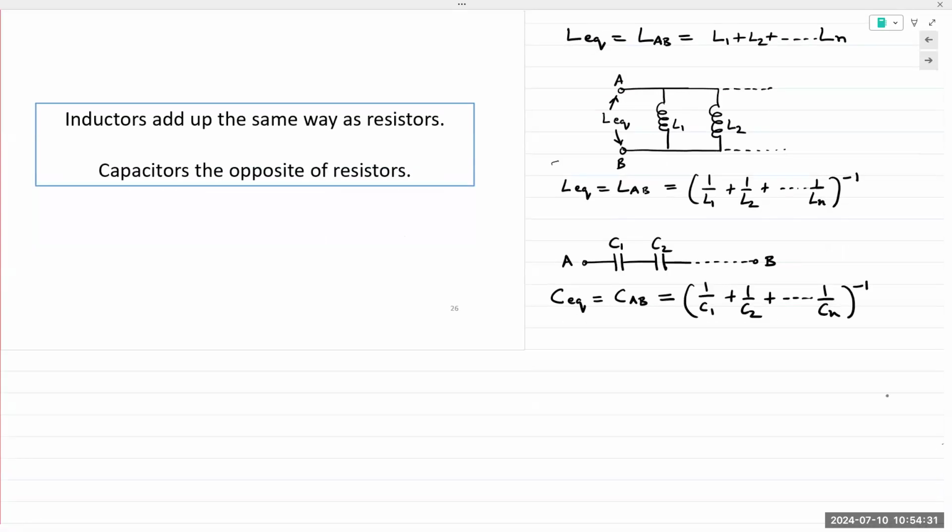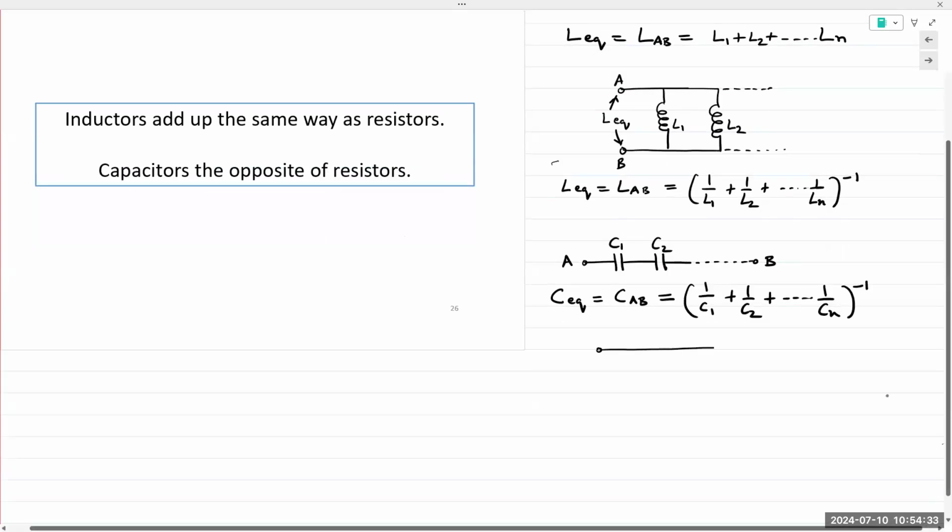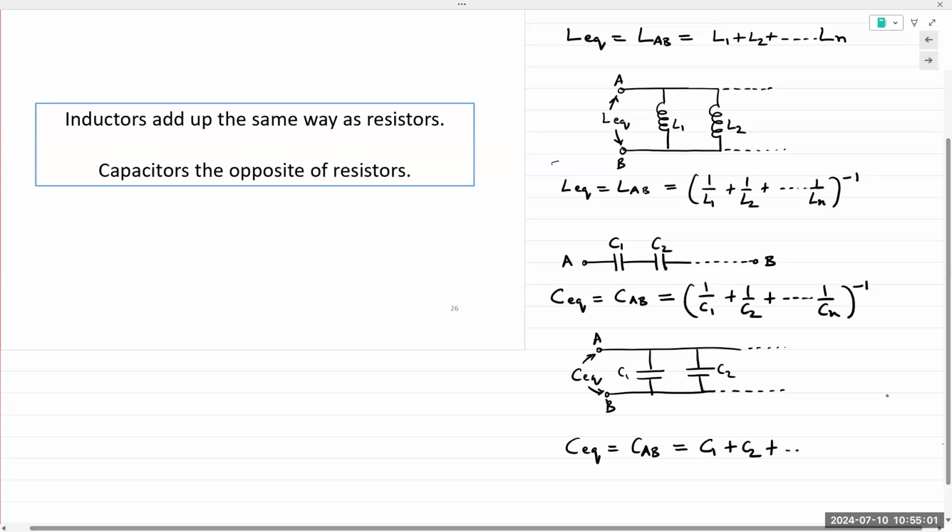And then capacitors in parallel: C_eq measured between A and B is C1 plus C2 plus all the capacitors in parallel all the way to Cn.